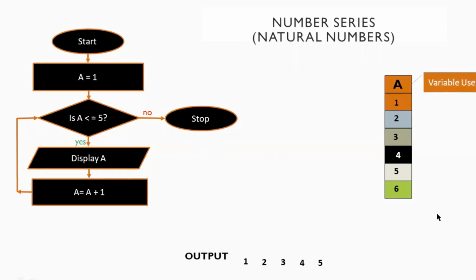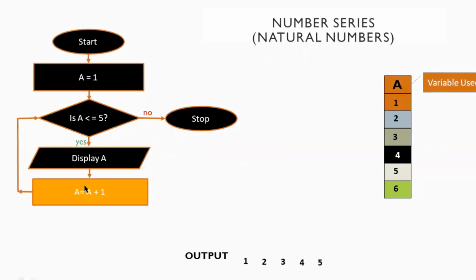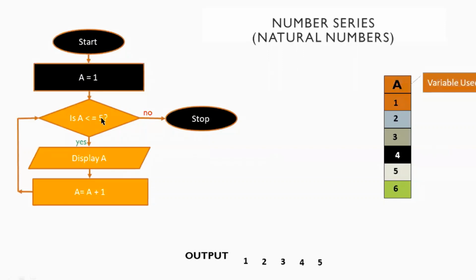And this is how we do the trace table. Now I'd like to explain how you are going to get the natural numbers up to 100. To get the natural numbers up to 100, we simply have to loop these two statements 100 times. That is, changing the value of 5 to 100 will give us the desired output.